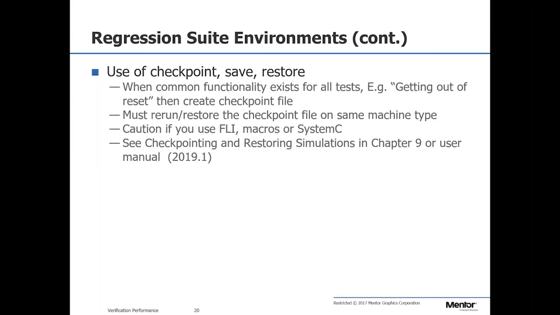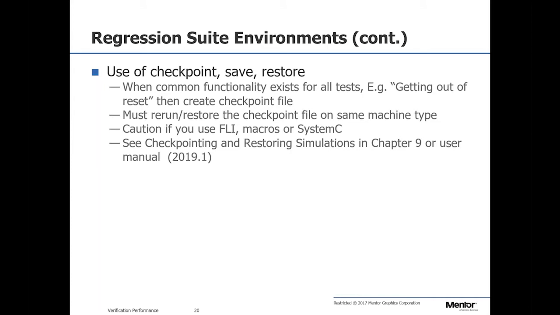If I plan a little, I can restore back to the point that the link has been trained, and then have some mechanism to say what test should I run now. Maybe I force a signal in my test bench that says run this test, or this test, or this test, or I read from a file what test to simulate. So it just has to be some way of saying: I restored back to the point where the link has been trained, now let's run this, this, this.